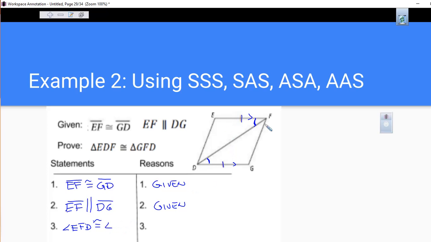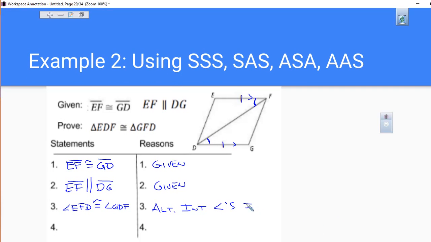Angle EFD is congruent to angle GDF, because E goes with G, F goes with D, and D goes with F. The reason why these angles are congruent is by alternate interior angles.